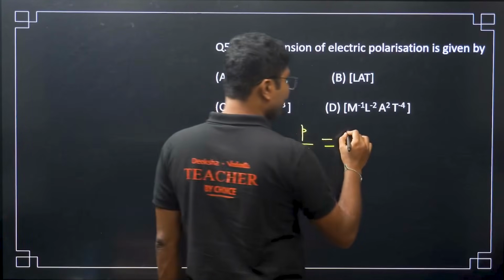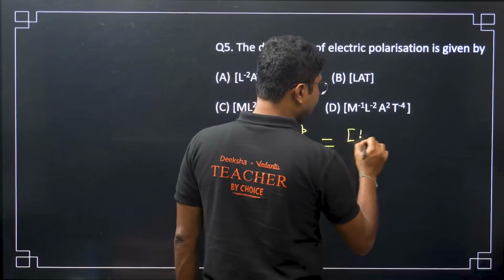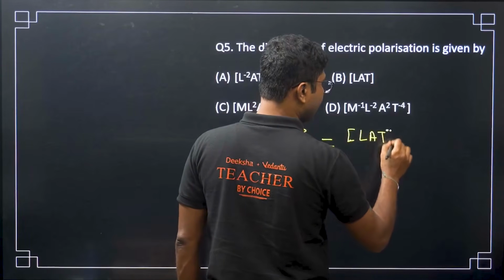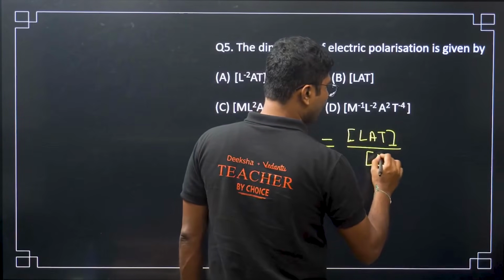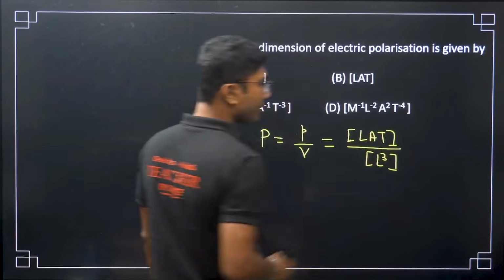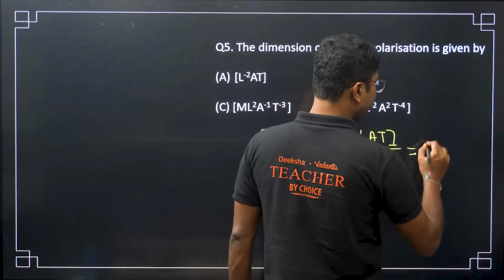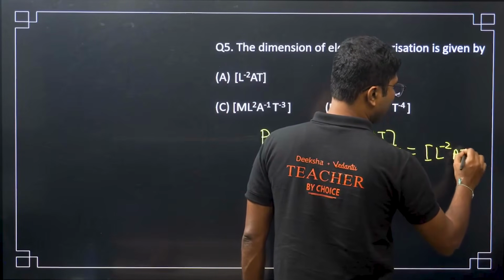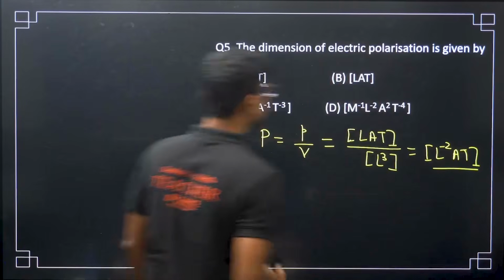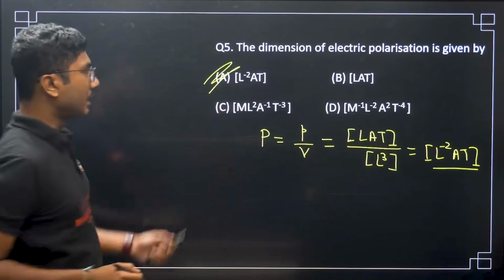We know that the dimension of dipole moment is LAT. We have learned that in our previous chapter, and volume is L cube, right? So the dimension of electric polarization is L to the power of -2 A T. Okay, so this is the dimension of electric polarization.